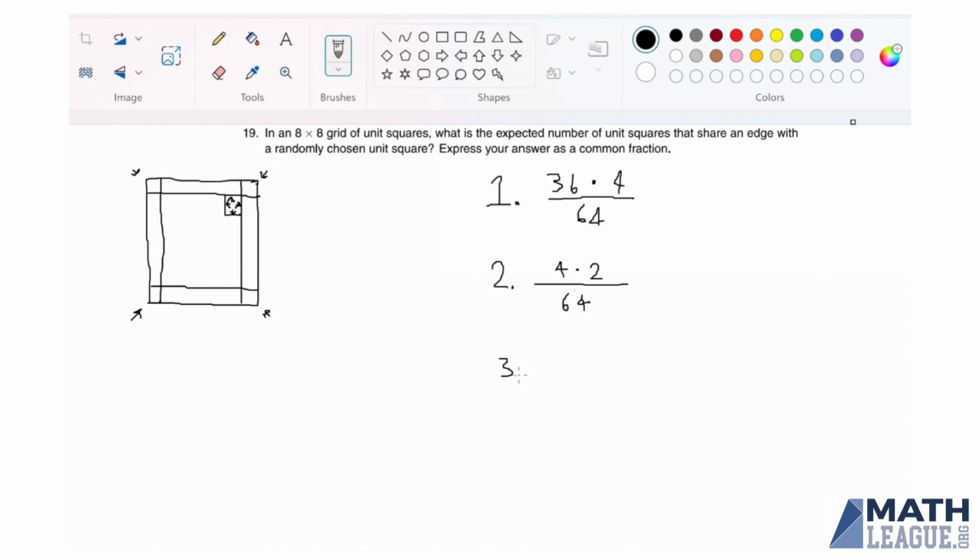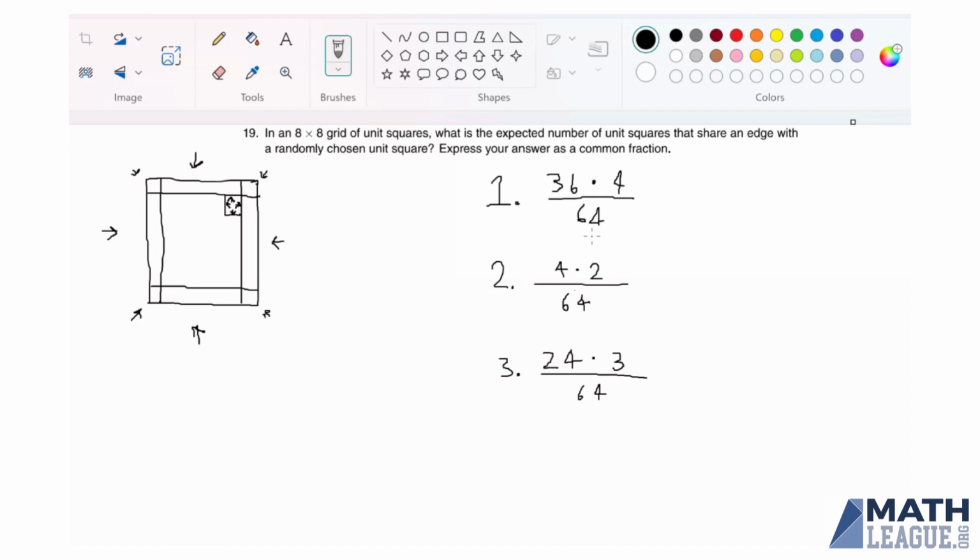And finally, our third case is going to focus on the unit squares along the edges, but not on the corners. Each of these sections are a 6 by 1 row or column of unit squares. So there's a total of 6 times 4 or 24 of these unit squares, and they each border 3 different other unit squares, again, out of that 64.